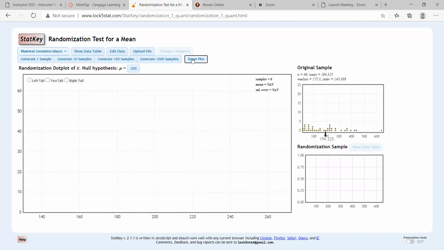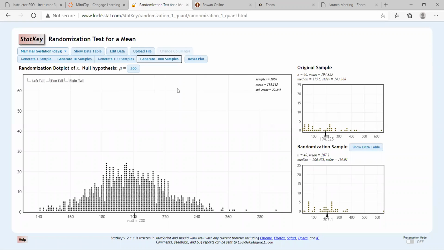And if we generate 1,000 of these things, okay, the null mean is 200. Let's plot it right here. And we're going to do a left tail test, right? Because we're going to say the alternative hypothesis is, as a researcher, that the mean is less than 200. So click the left tail.